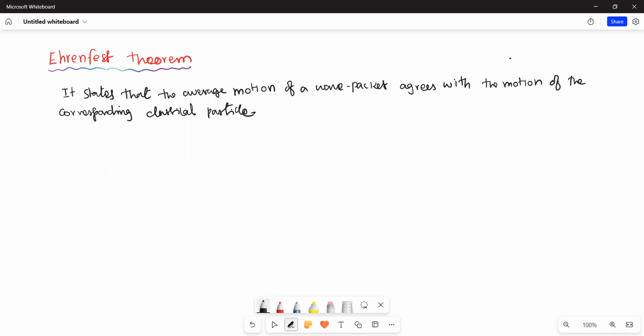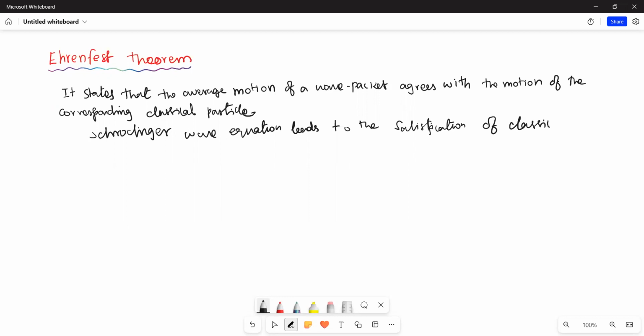In other words, we can say that the Schrödinger wave equation leads to the satisfaction of classical Newton's laws of motion on the average.